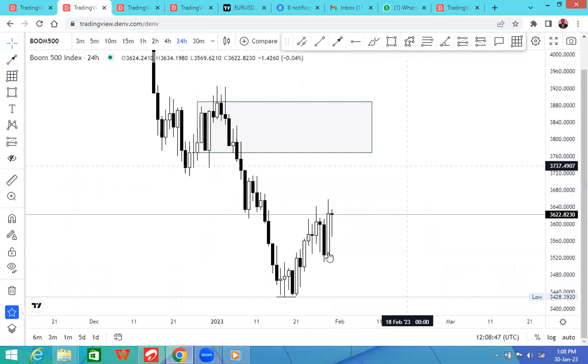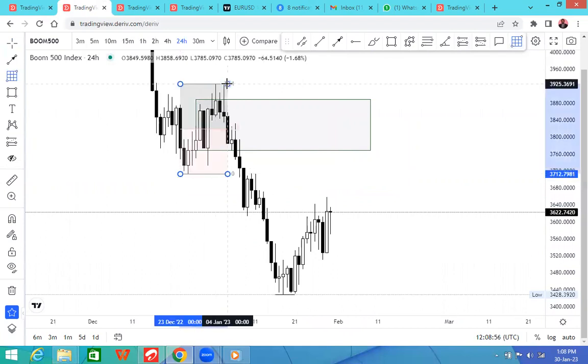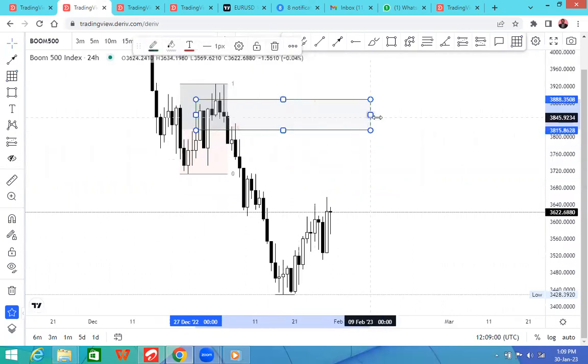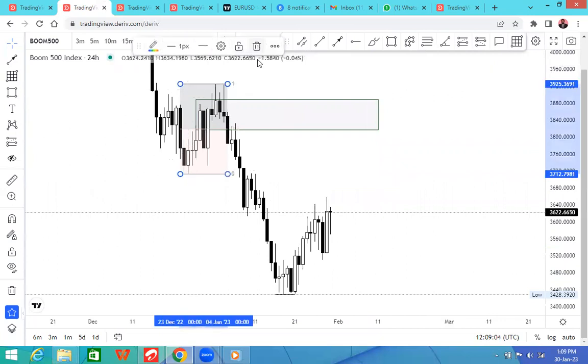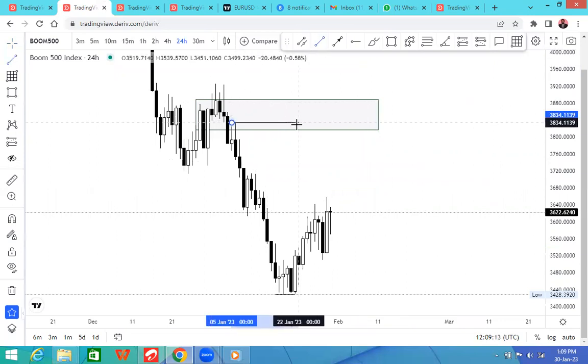So I'm expecting price to retrace to this, which is 50% of all of this retracement. This is what I'm expecting price to do. And then I think I can spot this as my internal liquidity.